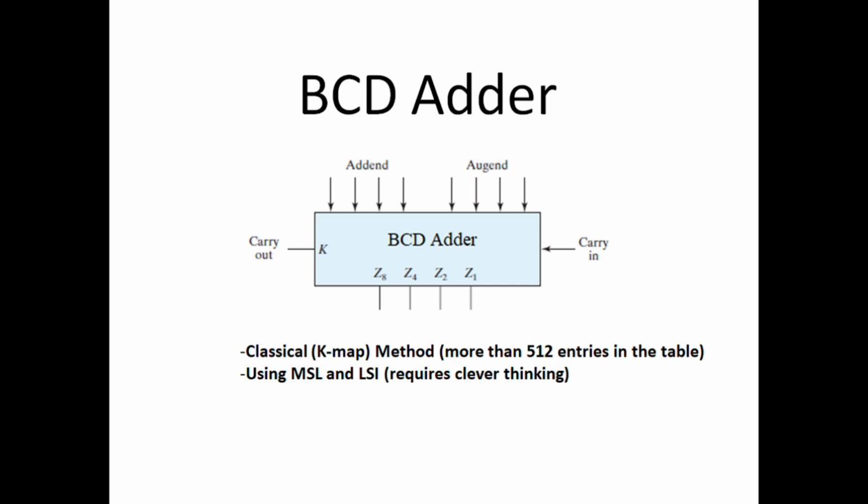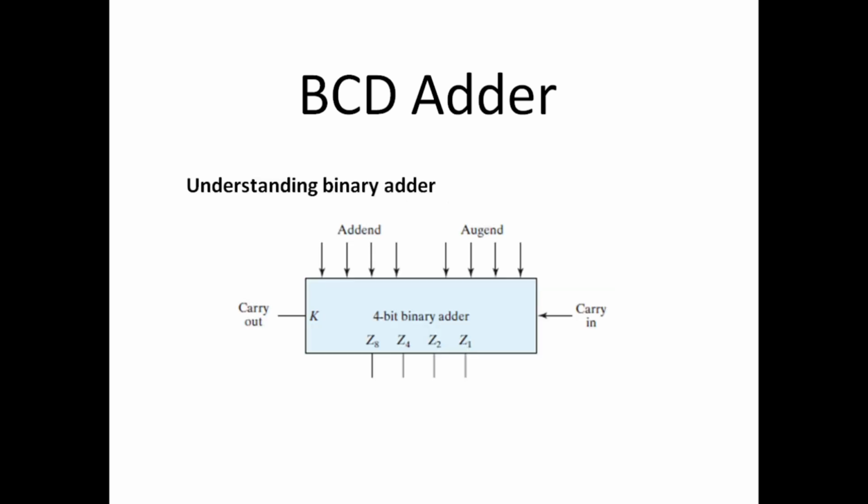So we will adopt this approach of using combinational logic with MSI and LSI to design a BCD adder, and I will show you that this kind of thinking is sometimes much better than the classical method.